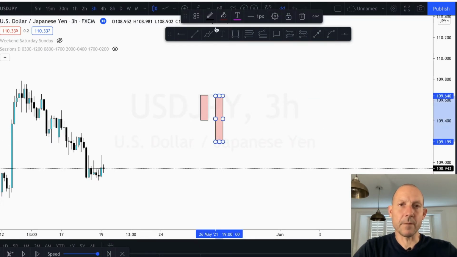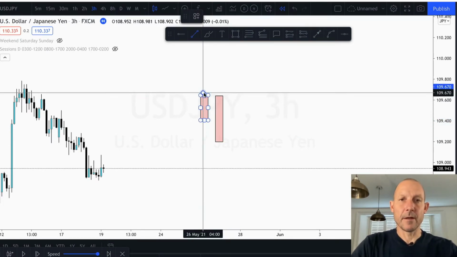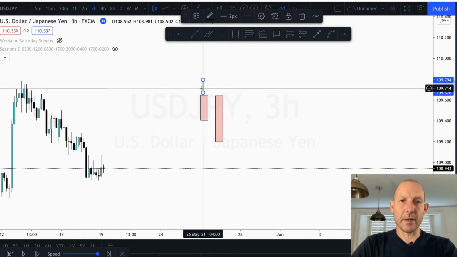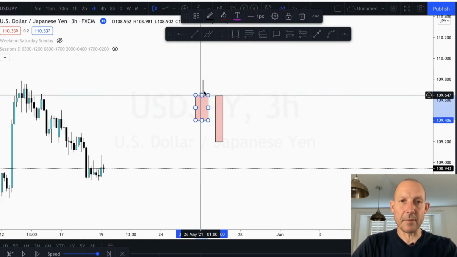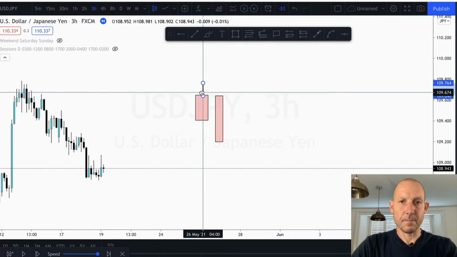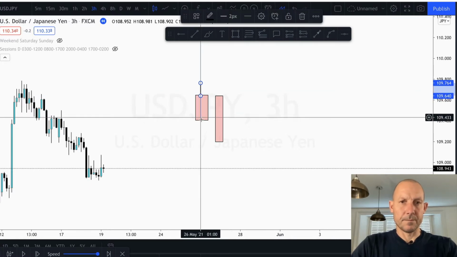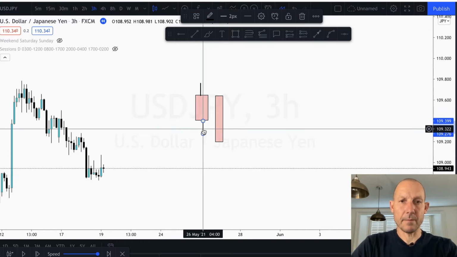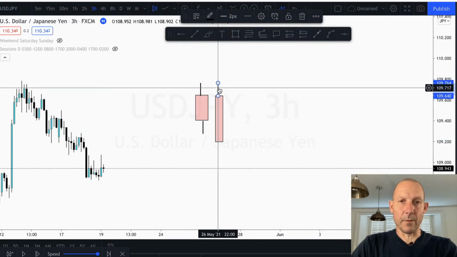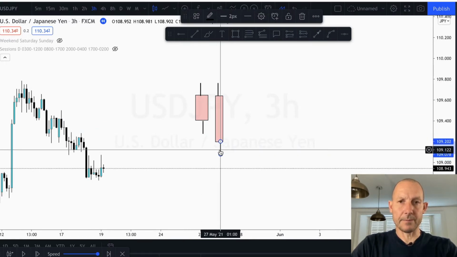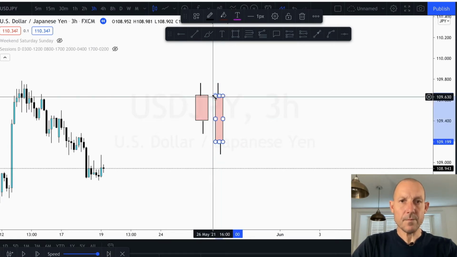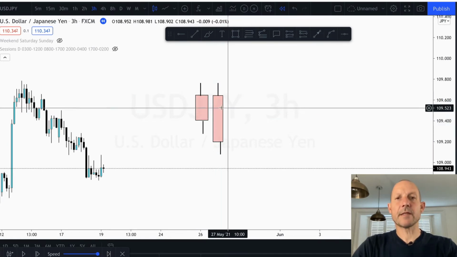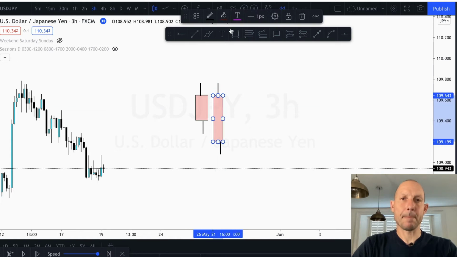I'm going to make these hopefully look something like candles. Might have to make them a little bit bigger. So we've got these couple of candles here.